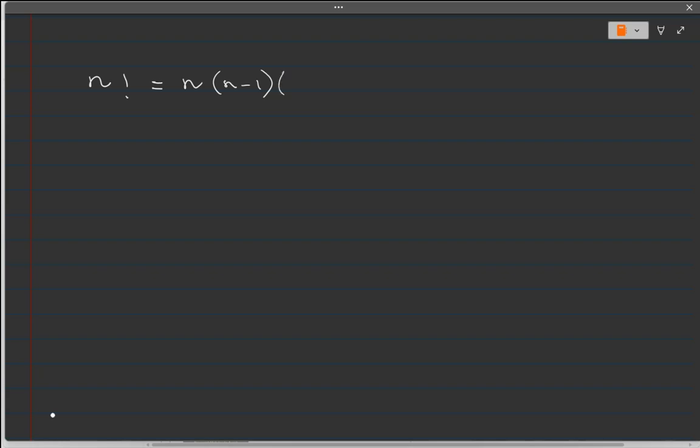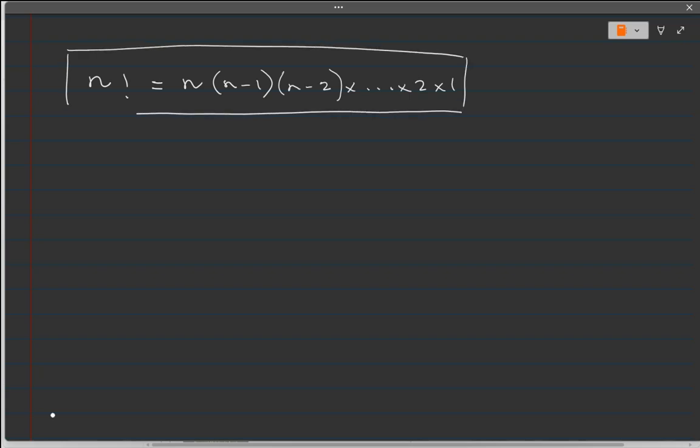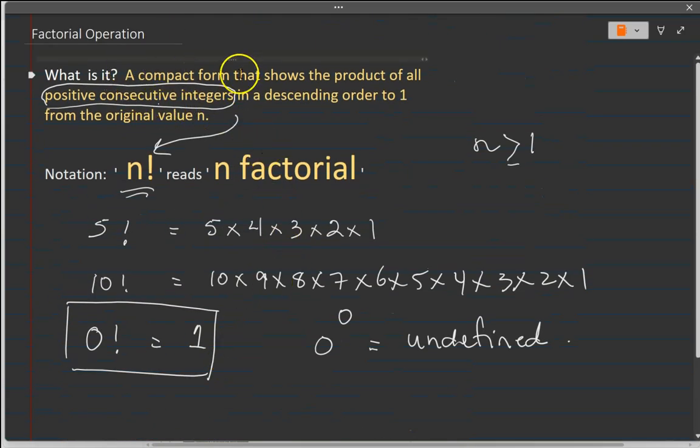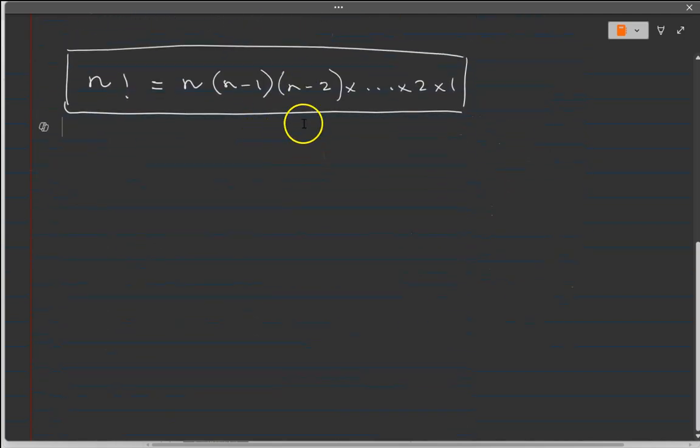Then you multiply that by another number smaller than n minus 1, and it goes down by 1 unit. It's a descending order. And notice that that can continue all the way to the values where you get multiplied by 2 multiplied by 1. That is the actual fancy definition of factorial. But I actually wrote it in this English form so that you understand what that is. But this is the mathematical definition of it.